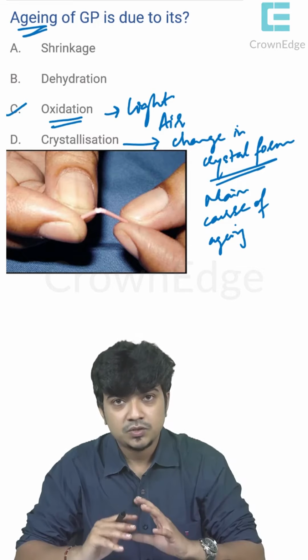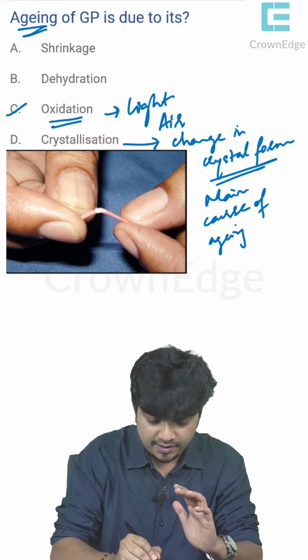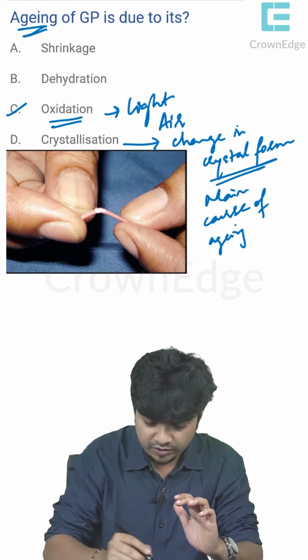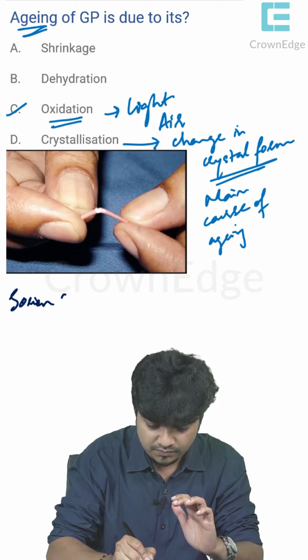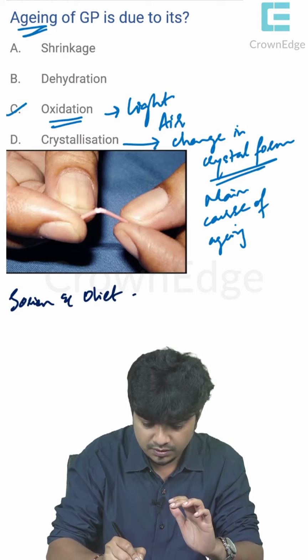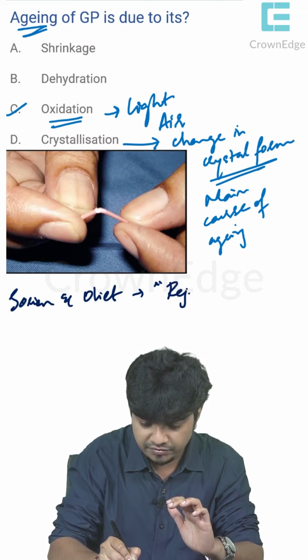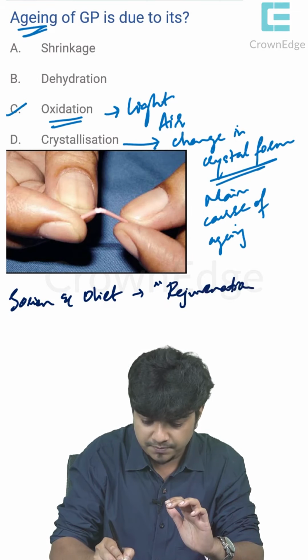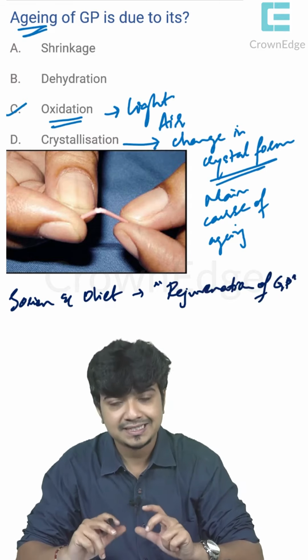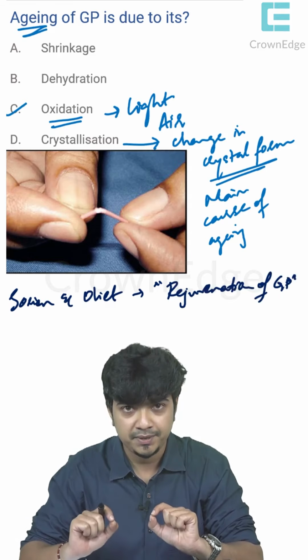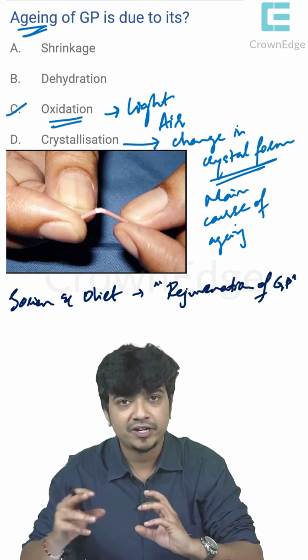Sorain and Olliett were the two authors who gave an idea of rejuvenation of gutta percha. They described how brittle GP can be rejuvenated or made fragile again.